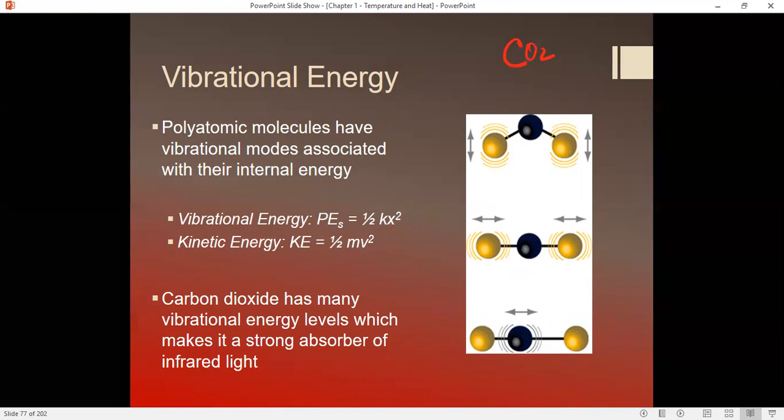One mode of vibration has the oxygen moving up and down with respect to the carbon, in and out with respect to the carbon, and even the carbon can move with respect to those two. It has 3 different modes of vibration. In fact, these different modes of vibration are one of the reasons why it's such a strong absorber of infrared light. The vibrational energies are right around the same frequency as infrared light, so these molecules will very easily absorb the infrared light.